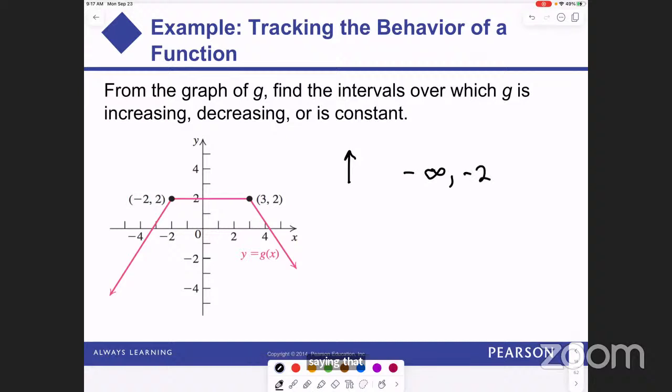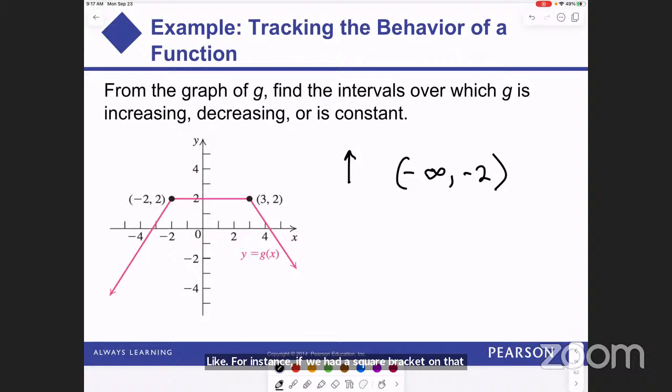Whenever we're doing increasing, decreasing, or constant, we always use parentheses. And what that does is it always guarantees us at least 2 points to compare, right? If we had a square bracket on that -2, we wouldn't have a point to the right to compare to.